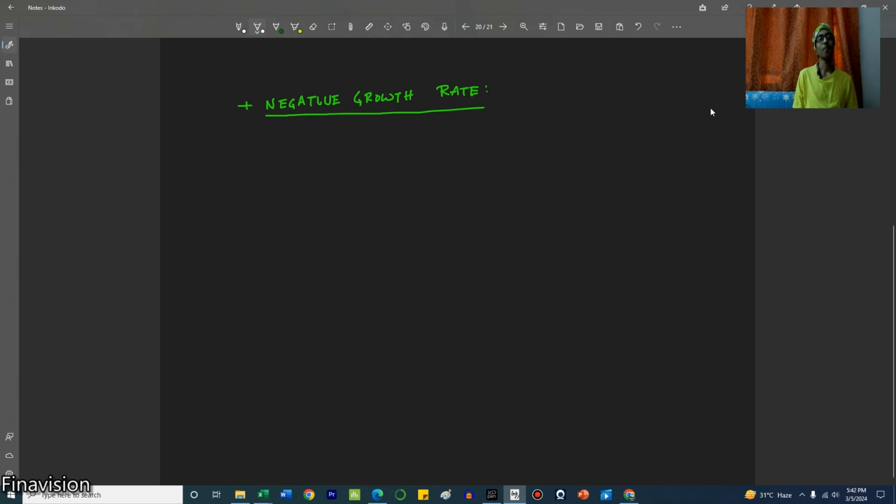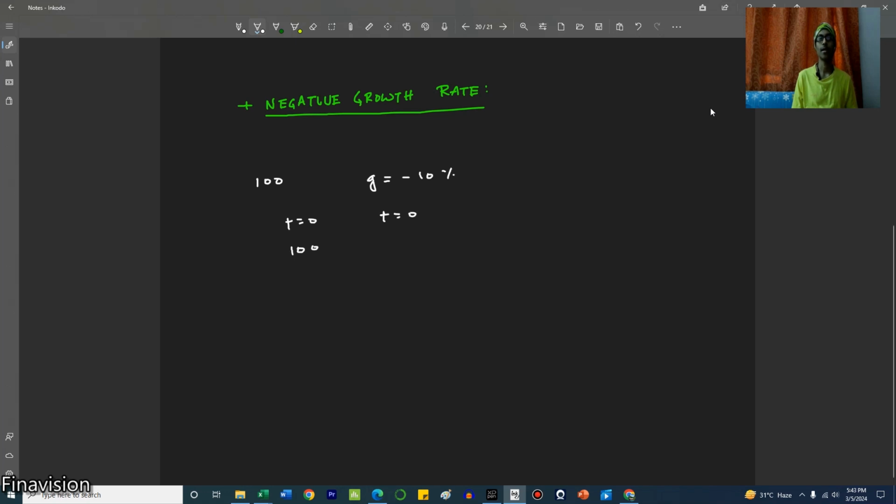Now, let's say instead of growing, the dividend is constantly declining. That is, you have a negative growth rate. Let's say your initial dividend was 100 and the growth rate is minus 10%. So at t is equal to 0, you will be earning 100.